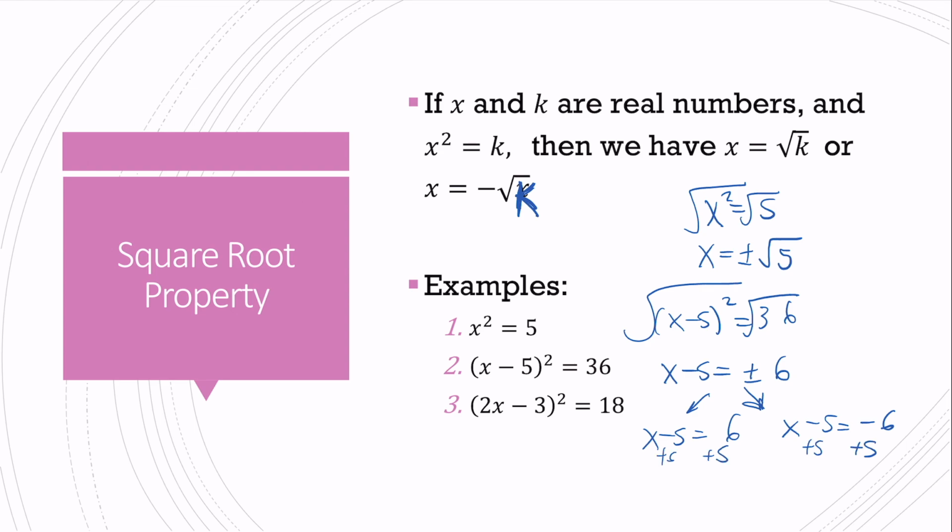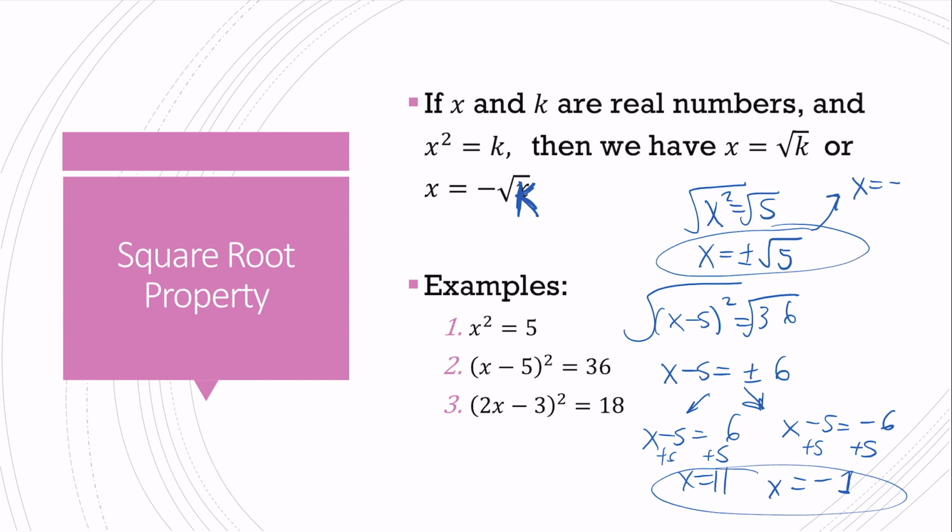And I get x is 11 and x is negative 1. Those are my two x-intercepts. Whereas here, I just left them as plus or minus square root of 5. I also could have written it out as the square root of 5 and negative square root of 5.